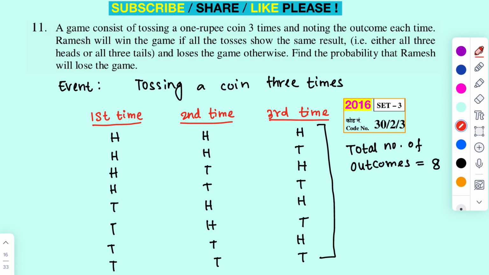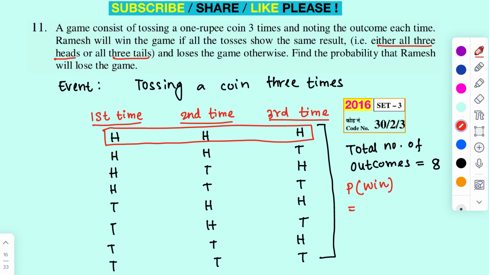Suppose we take the win situation, the probability that Ramesh will win the game will be equal to, if all 3 heads or 3 tails come, then Ramesh will win. That means the favorable outcomes are if all 3 are H or all 3 are T. Only 2 favorable conditions for winning.